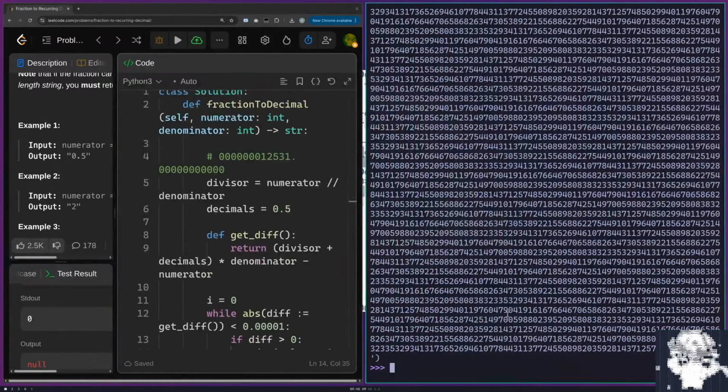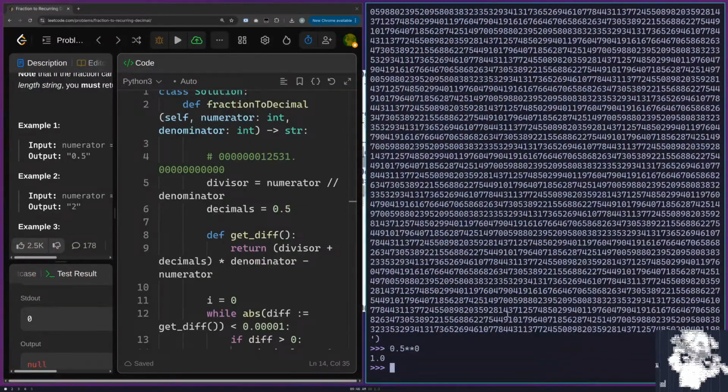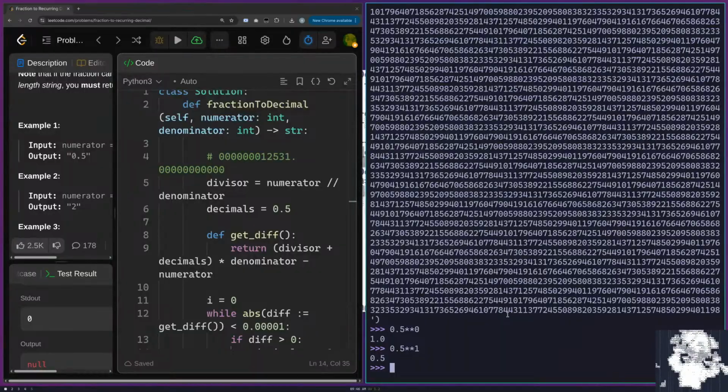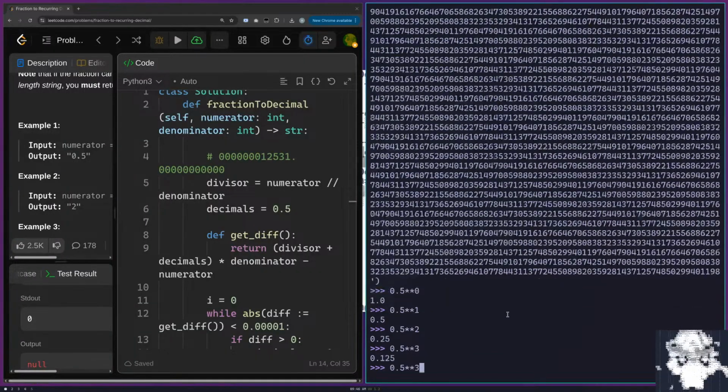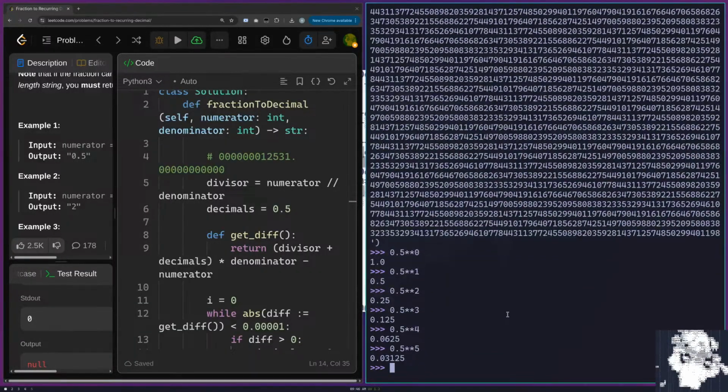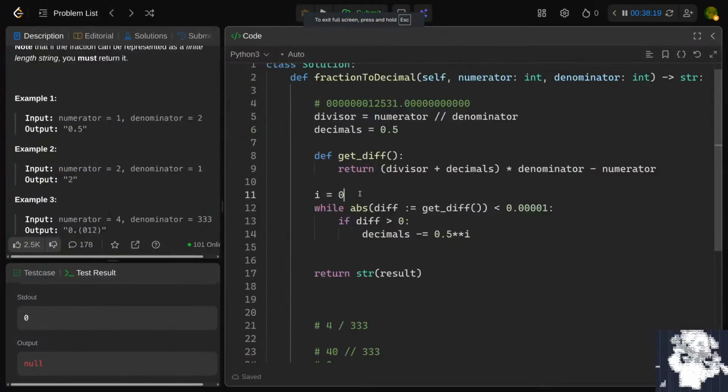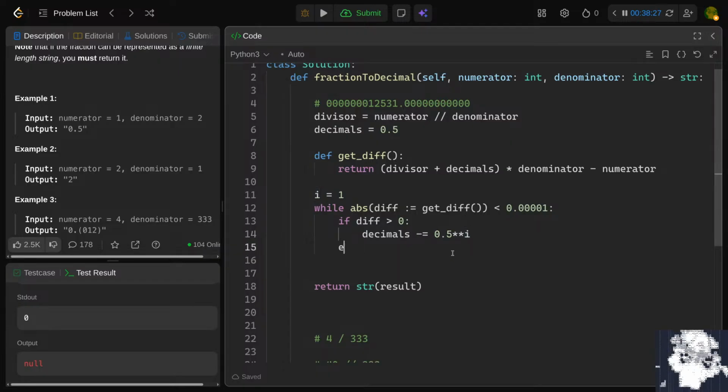Because 0.5 to the power of 0 is 1, then 0.5, 0.25, yeah. So I want to start this at 1. And then else plus equals this. So now we're binary searching our decimals. Then you can return divisor plus decimals.